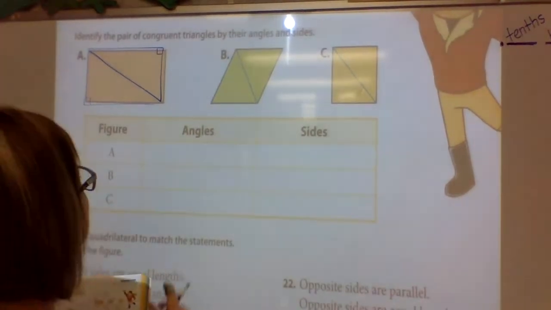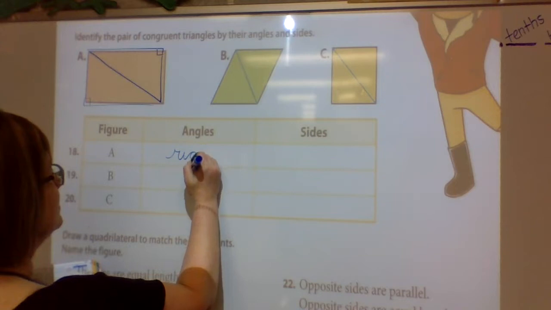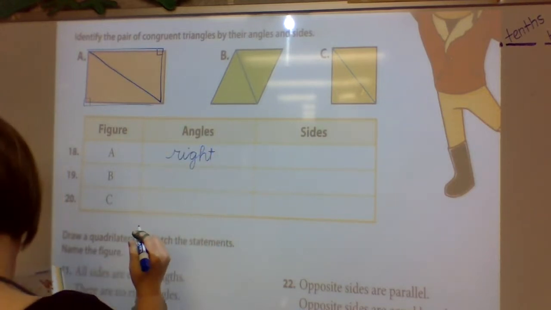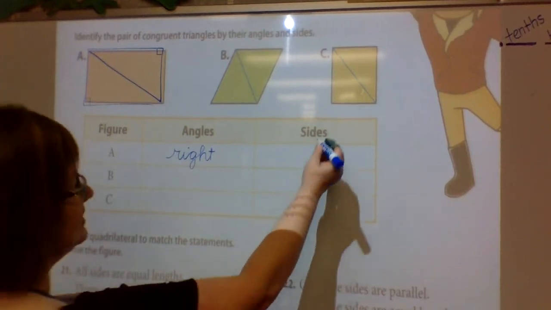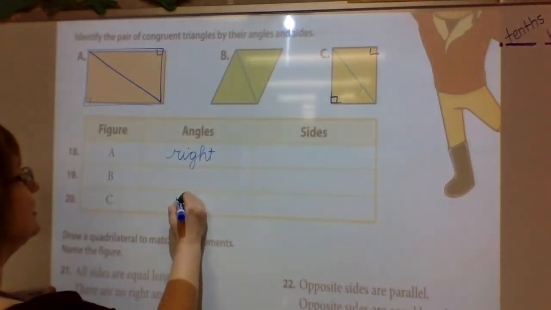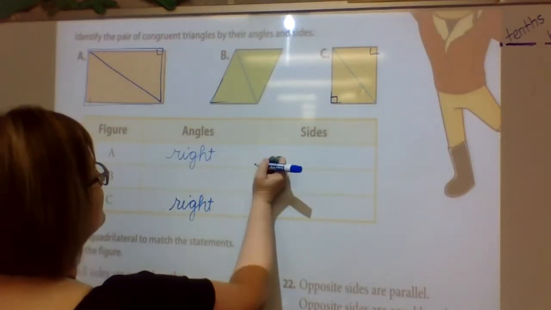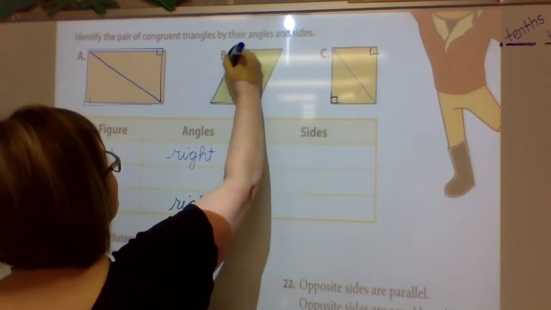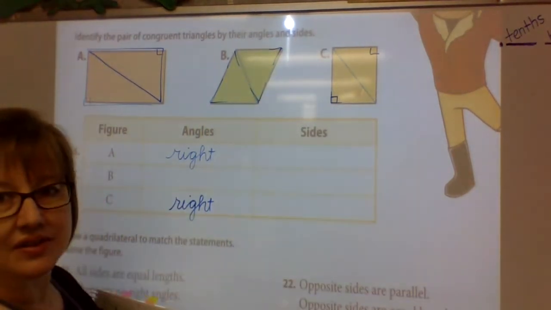Okay, well, it's pretty much what it said. Okay, it has right angles. Okay, and so does this one. This one has right angles, right? So these two have right angles. Okay, this angle, that angle, this angle, are any of those right angles?